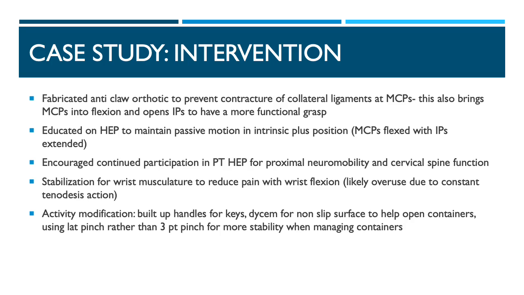We also worked on some activity modification: built-up handles for keys, using DYCEM for a non-slip surface to help open containers, and trying to encourage a lateral pinch instead of a 3-point pinch because his adductor was working pretty well. So it gave him a little bit more stability.